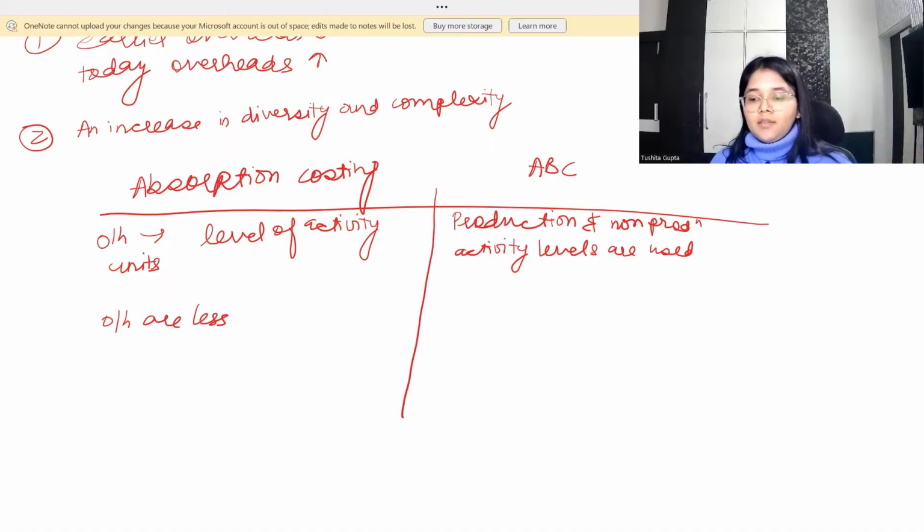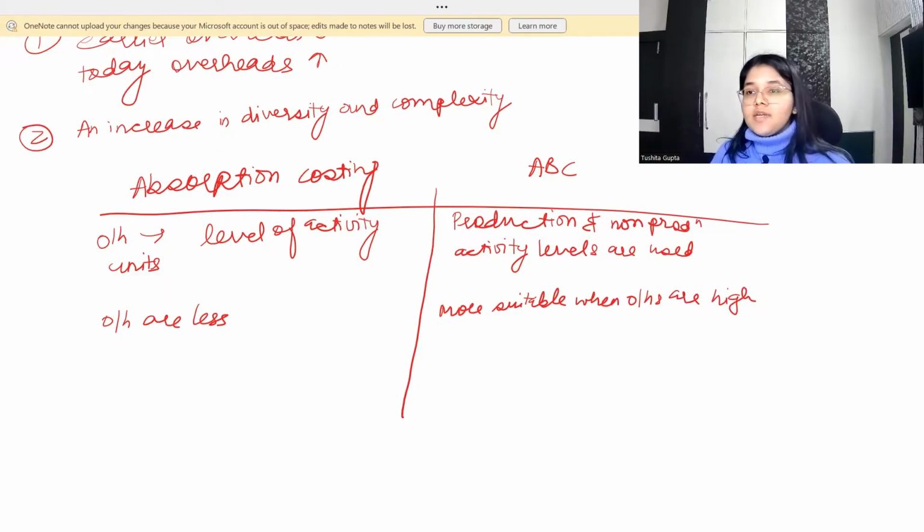However, when the indirect costs are high, then it will matter, because the way they are allocated is going to affect how much cost is incurred. And we'll get to know that because of this product, we are spending this much money, so it should be priced accordingly as well. So ABC costing is more suitable when your indirect costs, or your overheads, are high. This is another point of comparison between these two methods.